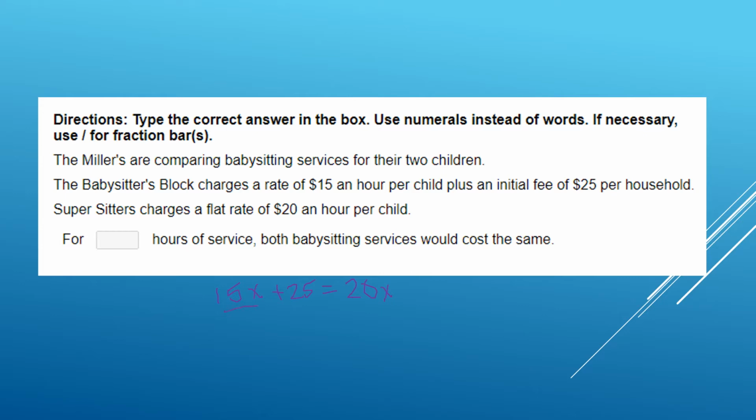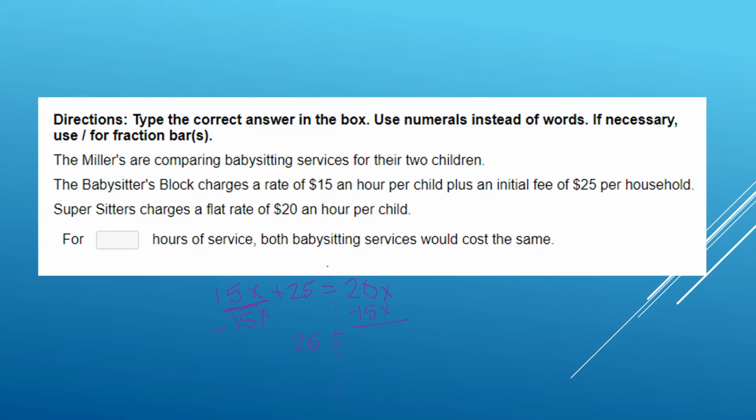So I want to get rid of this 15x on the left side because I want to get all my x's on the right. So I'm going to draw my line down the middle so that I know that when I subtract it from over here, 15x minus 15x gives me a zero pair. That forms 0, and I'm just left with 25. But what I do to one side, you have to do to the other.